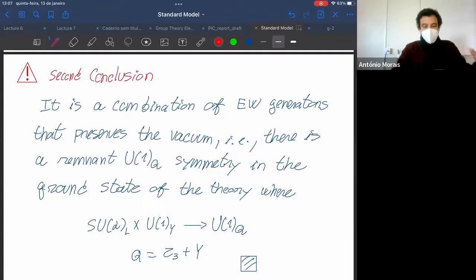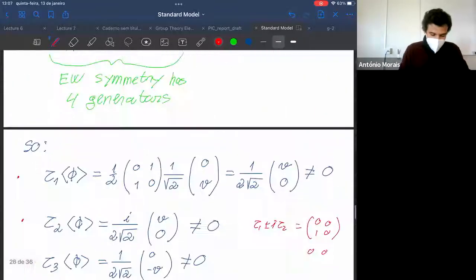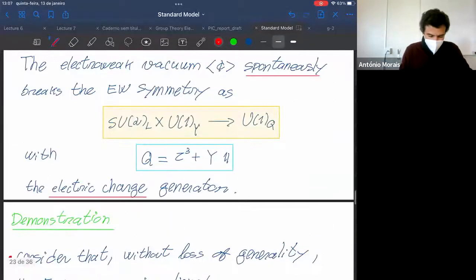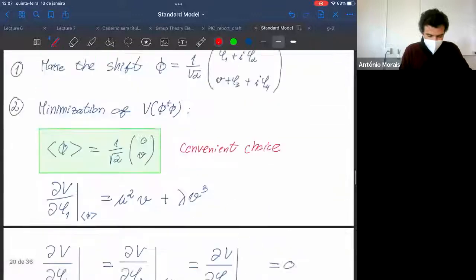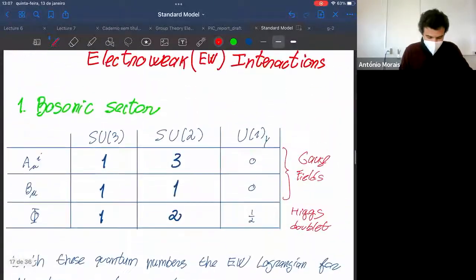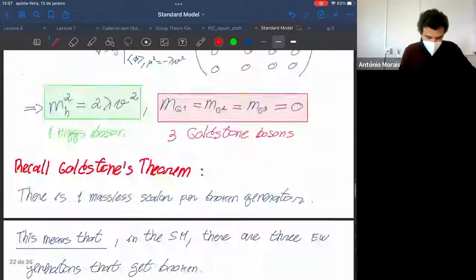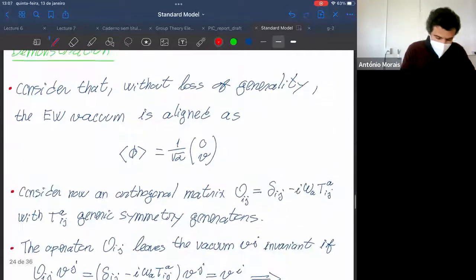That can happen because you no longer have the freedom to rotate. So you have a generic VEV, and you don't have the freedom to rotate to two aligned VEVs. Let me go back to here to visualize. Imagine that you have two doublets here.